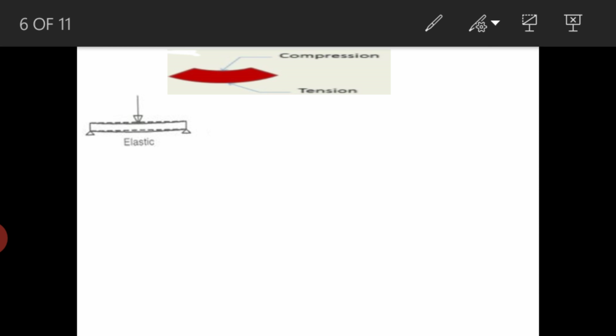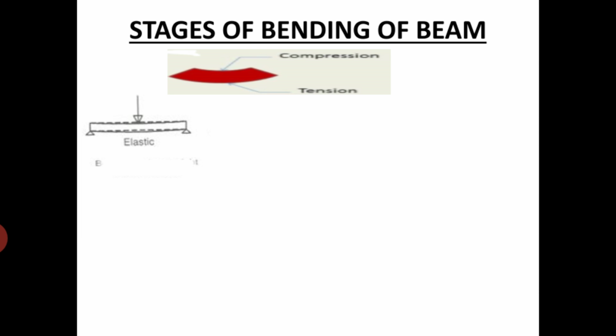Then what we get is that the beam remains straight when the load is unloaded. If you load it and unload it, again we get back to its original shape and size. That shows the elastic nature of the beam. That's why I said at first the stresses at the extreme top and bottom fibers will be less than the yield stress.